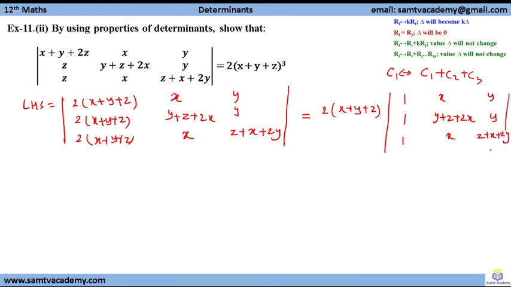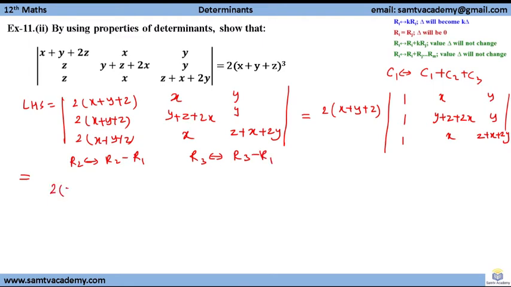Okay, so next step. We will make some entries 0 so that the calculation will be small. So here we will do 2 steps. We will replace R2 with R2 minus R1, and similarly R3 with R3 minus R1.